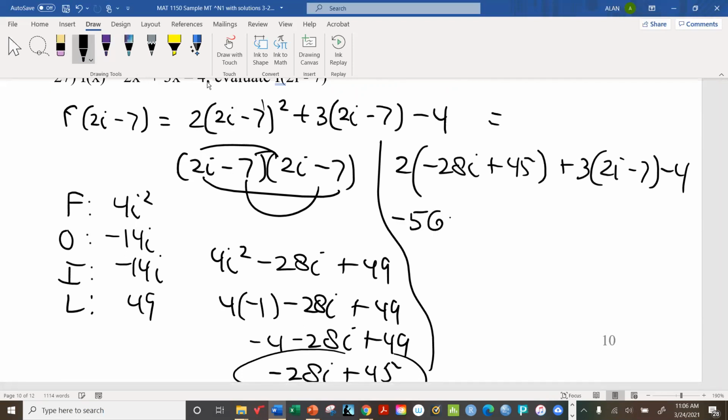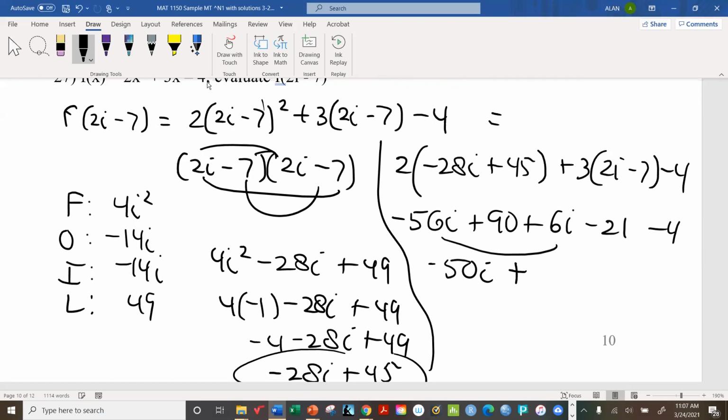Minus 56i plus 90 plus 6i minus 21 minus 4. And so we've got between the two, let's see, minus 56i and plus 6i. Let's combine these two. We'll have minus 50i. And then if you combine 90 minus 21 minus 4, you'll get 65.